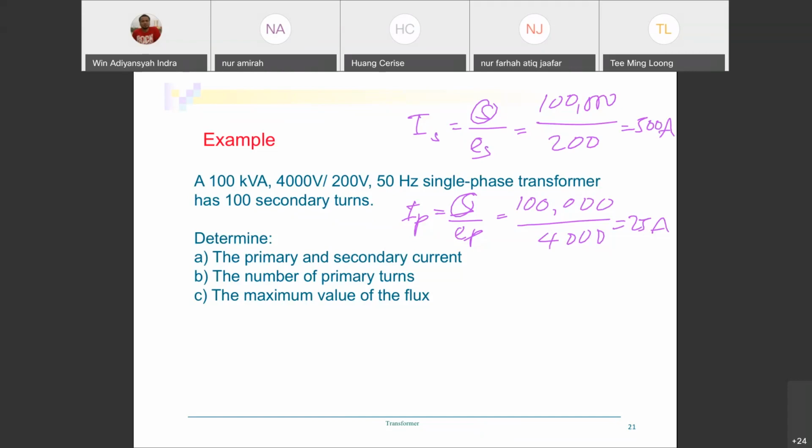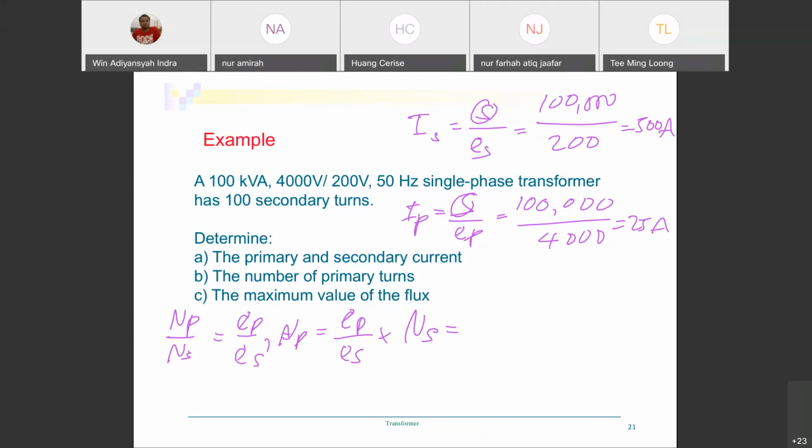Okay, B, number of primary turns, NP. Just now, NP over NS equal to EP over ES, right? So NP equal to EP over ES multiplied with NS.